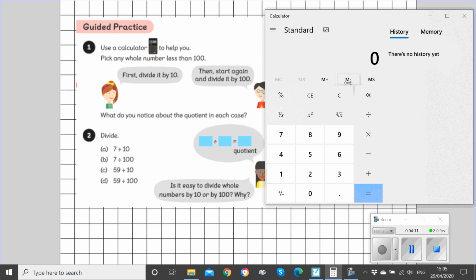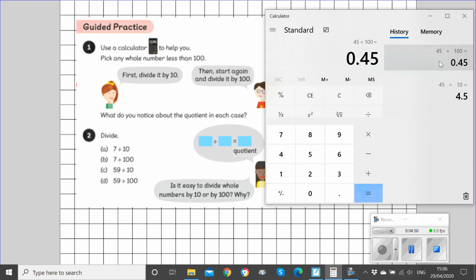So here's my calculator. First of all, I'm going to pick a whole number less than 100. Let's try 45. Holly has asked me to divide it by 10. Here is my answer, or quotient. 45 has become 4.5. So Charles says start again, so clear. 45 divided by 100. That gives us 0.45.